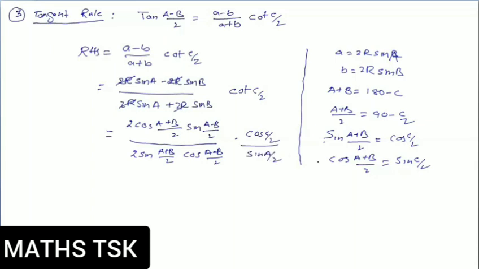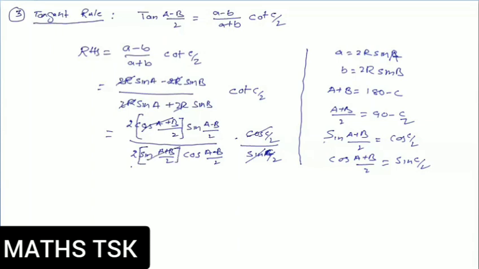What you wrote here, sin C/2 is nothing but cos of (A plus B)/2, this gets cancelled, and the cos C/2 is sin of (A plus B)/2.